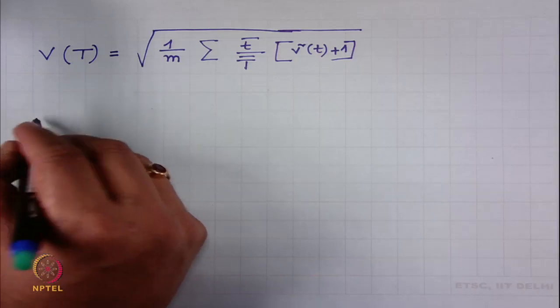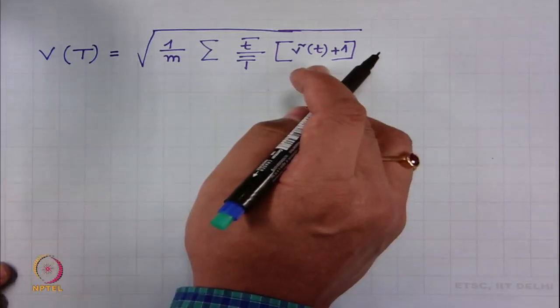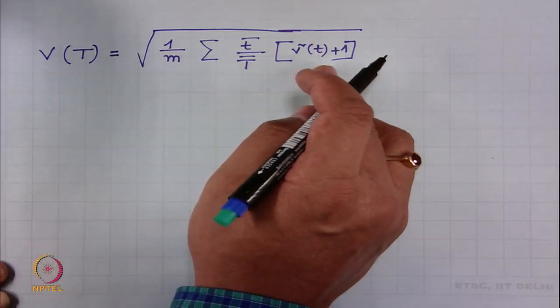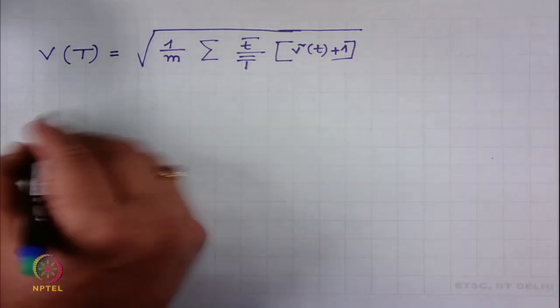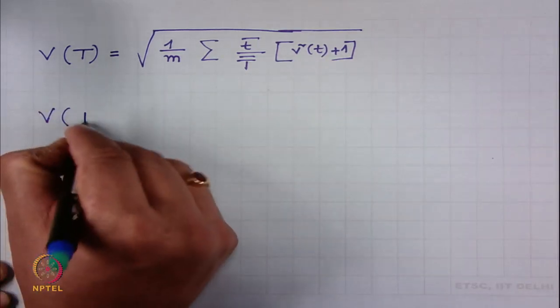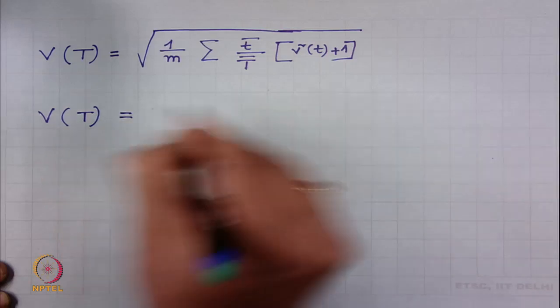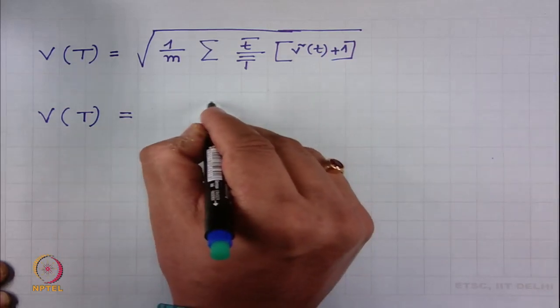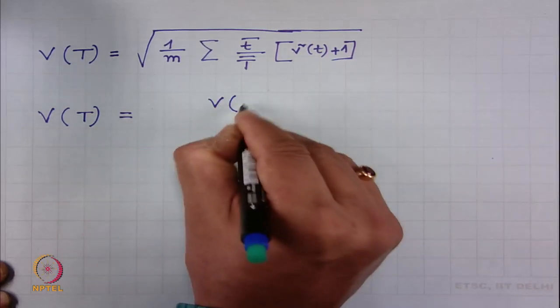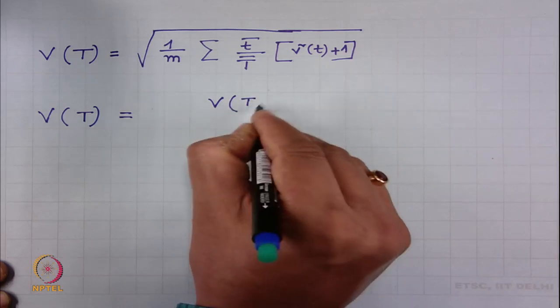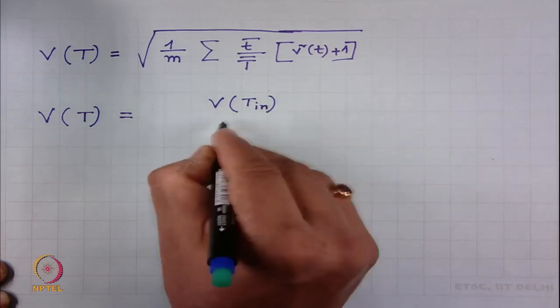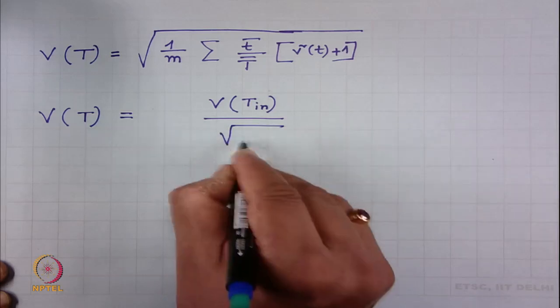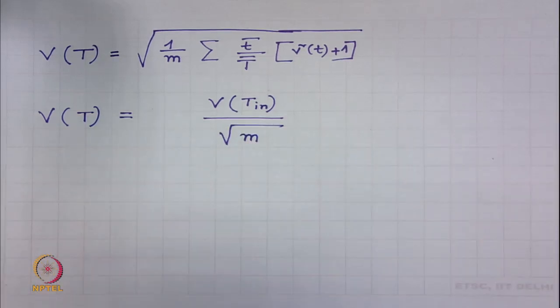So, we can write V T of double sliver is the CV of individual sliver by root over m, right.